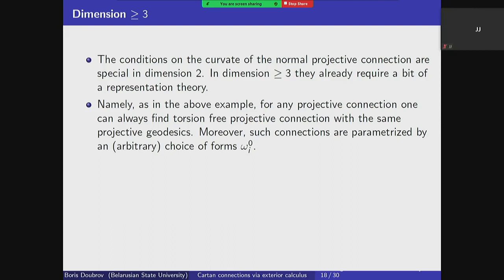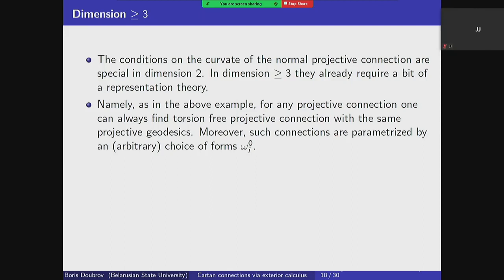We can do similar calculations and show that whenever we have a given system of ordinary differential equations defining projective geodesics, and this is again a special class of systems of second order ODEs, the right-hand side has a very special form, which I showed on some of the previous slides. It's a bit more complicated than just a cubic in first derivatives.